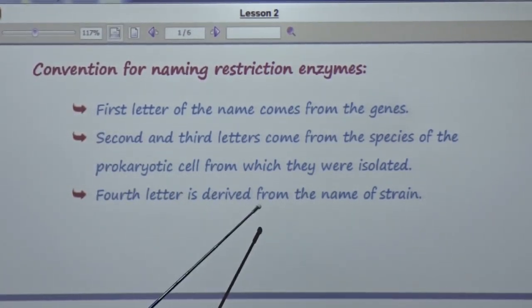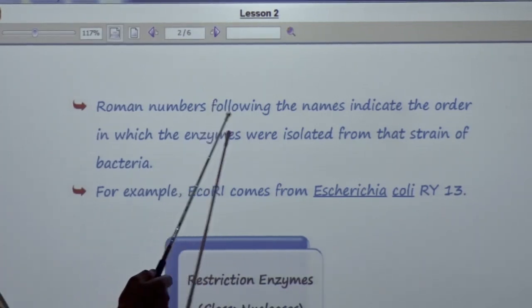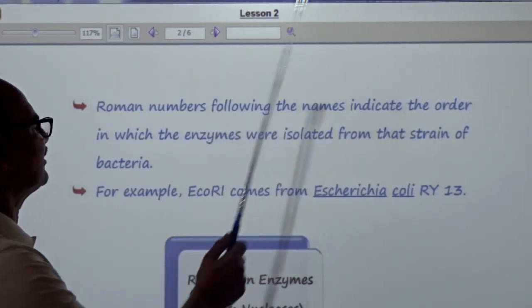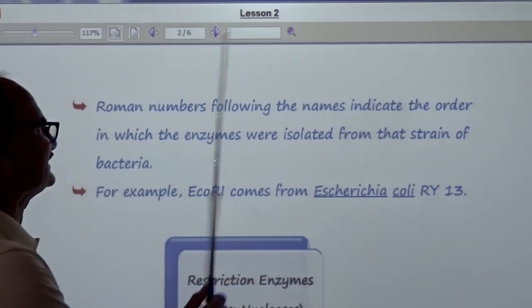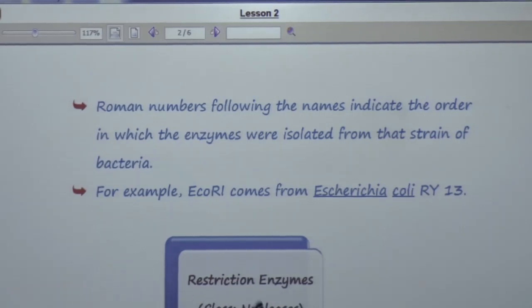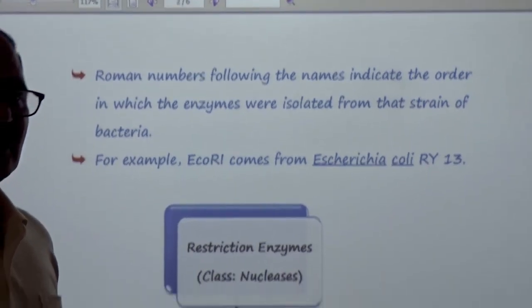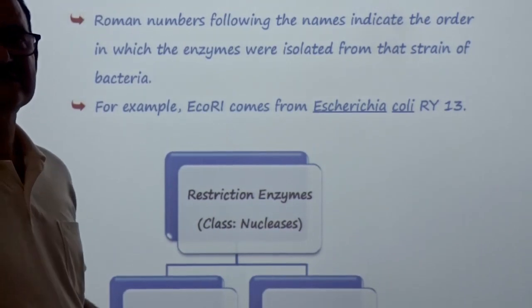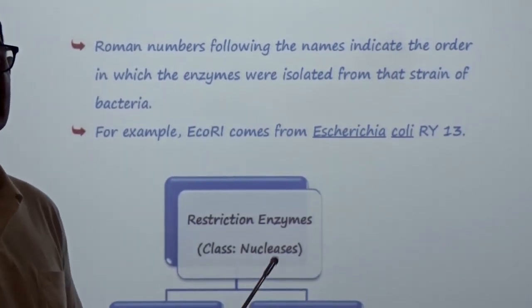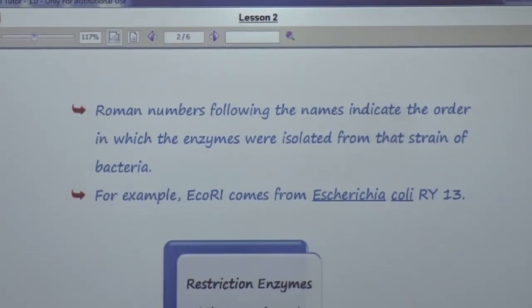The fourth letter is derived from the name of the strain, R, and the Roman number following the name indicates the order in which the enzymes were isolated from that strain of bacteria. That means E is the genus, Co is the species coli, R is the strain, and I means the enzyme was isolated first. This is the first enzyme.